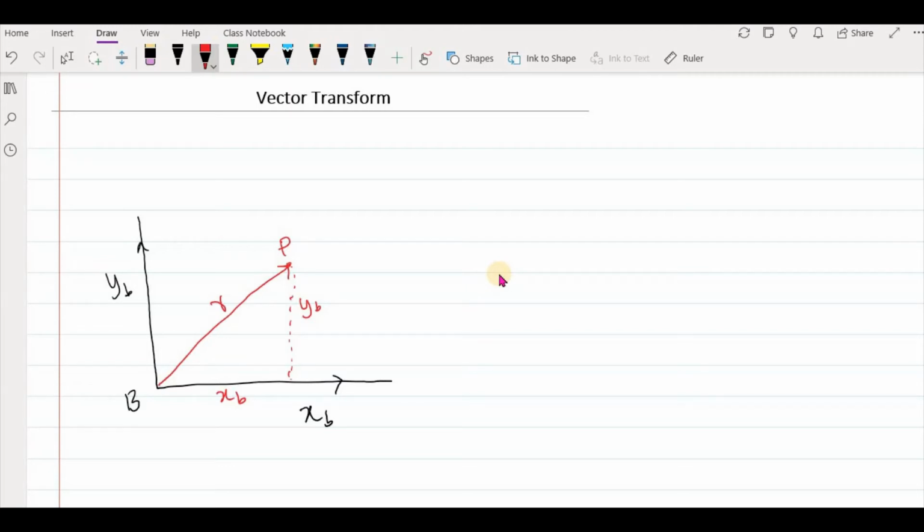Now this frame is, let's say, rotated by angle theta. Let's draw here again after rotation.